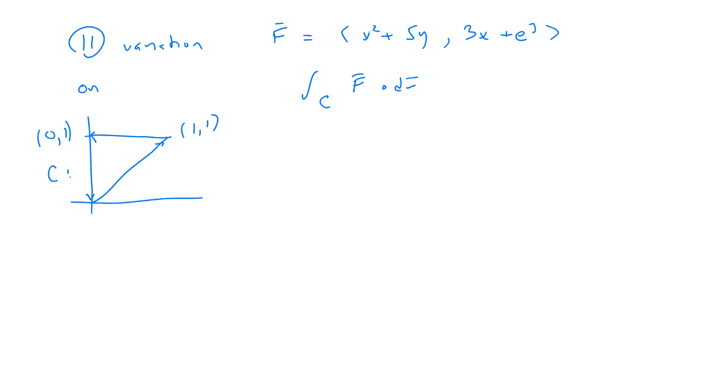Remember, last one, we just did that last piece, which is if this is P and this is Q, we need P of Y to be equal to Q of X. But the derivative of P with respect to Y is 5, derivative of Q with respect to X is 3, so therefore it's not conservative.